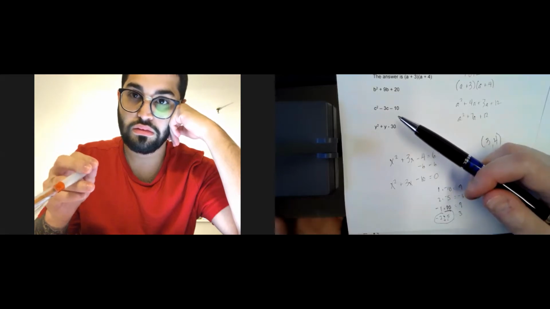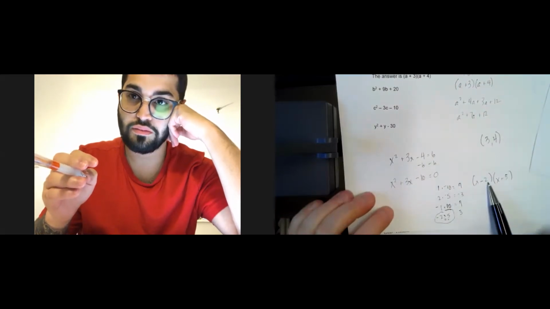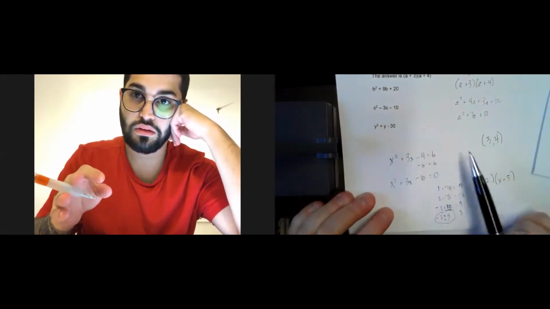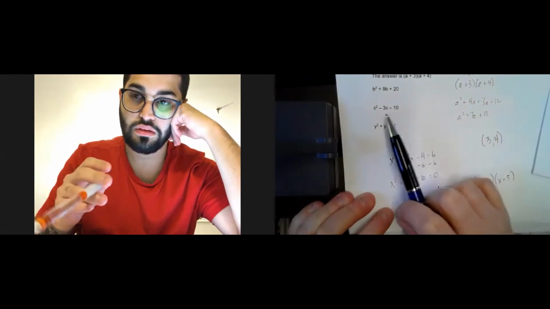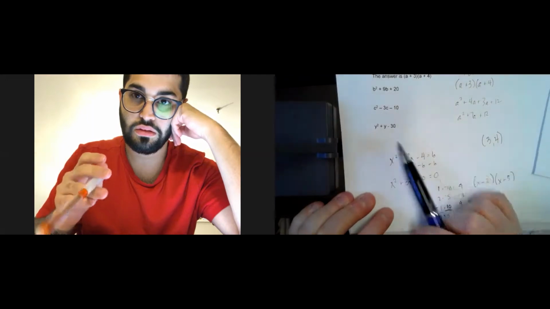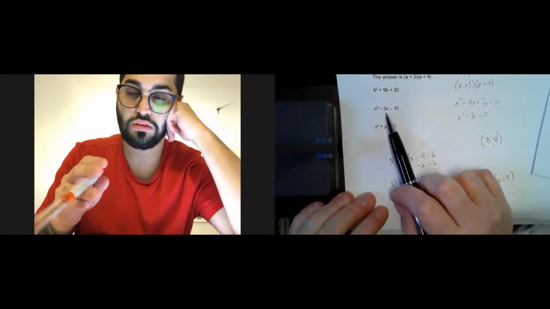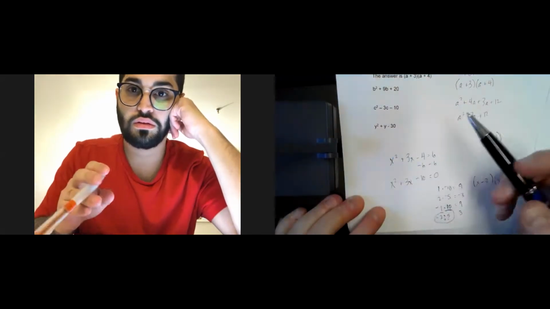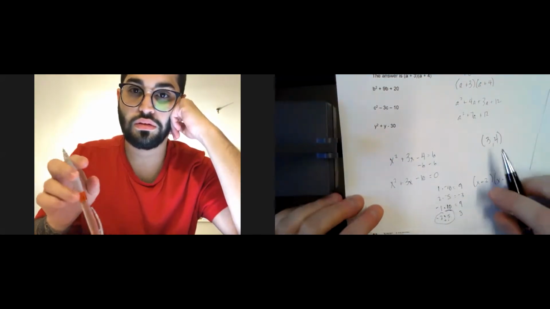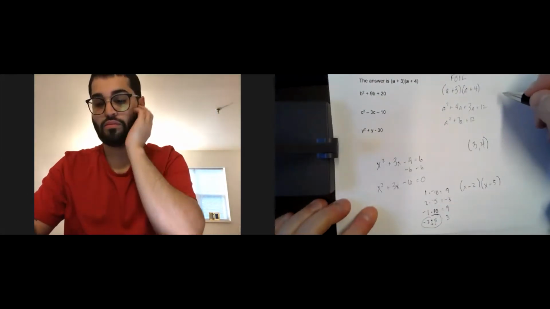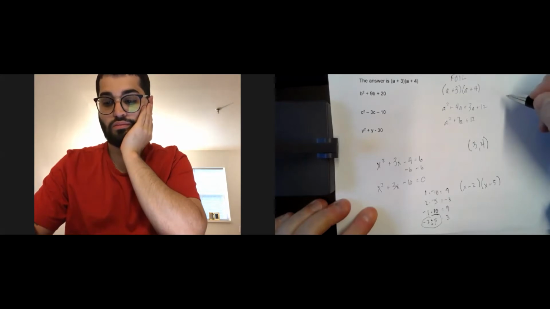Because if both of these are negative, then this is going to be positive. If both of these are positive, this is going to be positive. But when they're both negative, one has to be positive, one has to be negative in order to come up with negative. So we do that whole factoring thing again for the 10. What times what equals 10, and then added together equals 3.